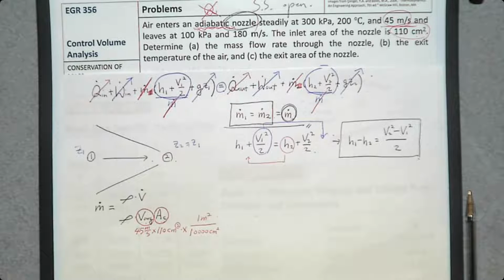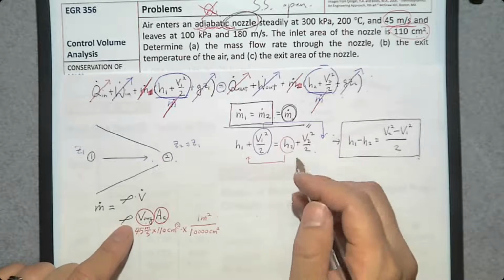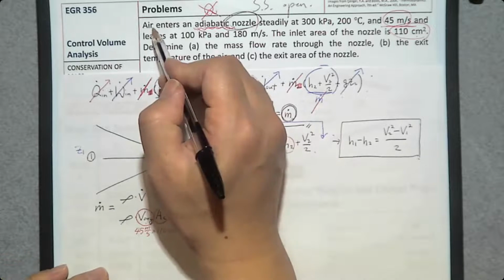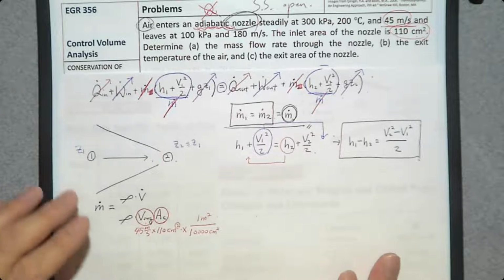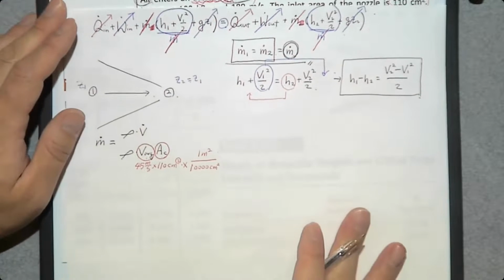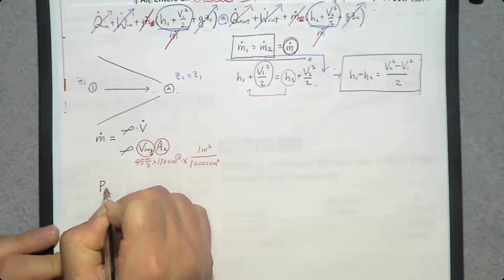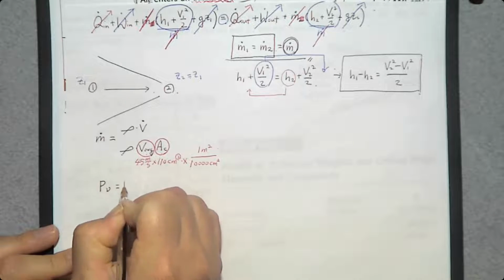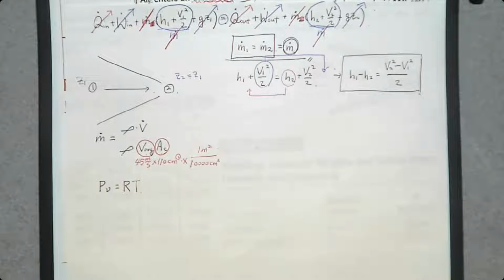So how can we solve this problem? We know the temperature and pressure. If you know temperature and pressure, we can determine another property of this pure gas. If we assume that this air follows the ideal gas behavior, then we can use Pv = RT. This is the ideal gas equation of state.